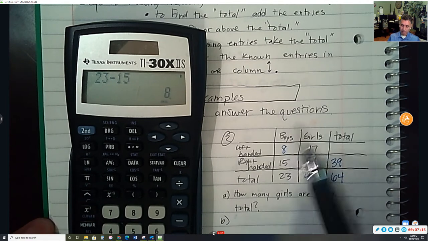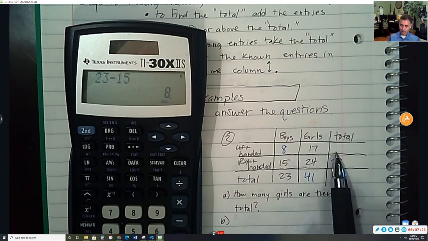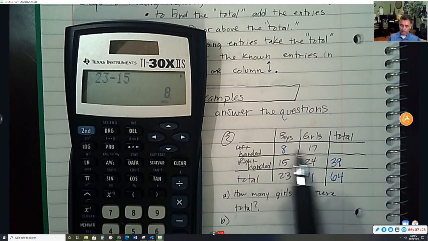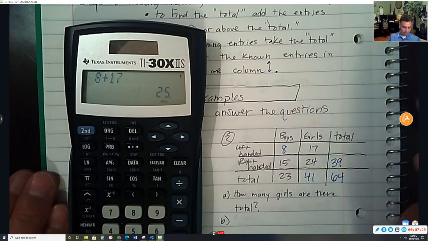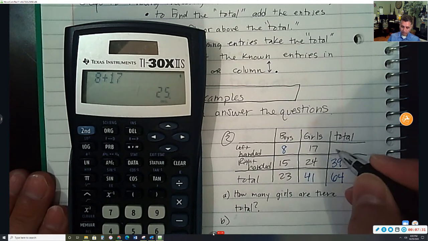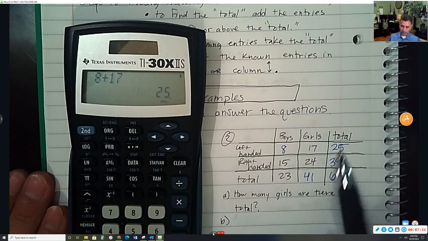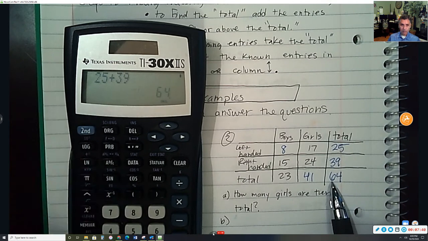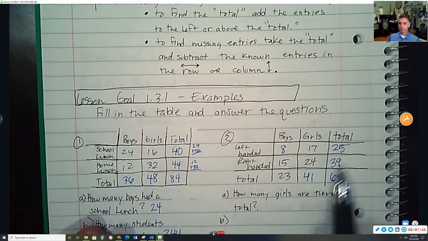Really, because we know 8 plus 15 is 23, that's how we get that answer. And now I can figure this out. Now I can add these two, 8 plus 17, and get 25. And then I'm just going to verify that these two add up to 64. And they do. So I found all the missing numbers.